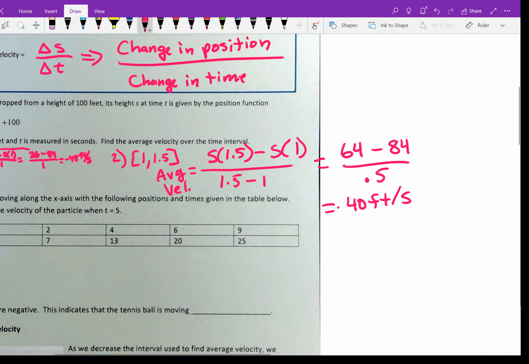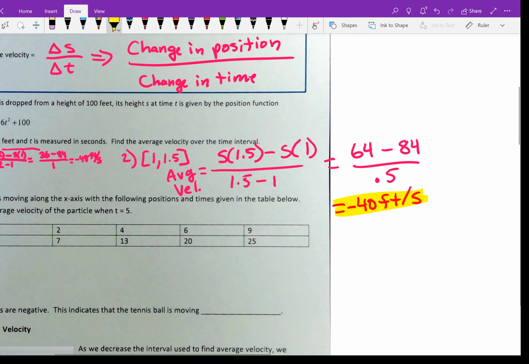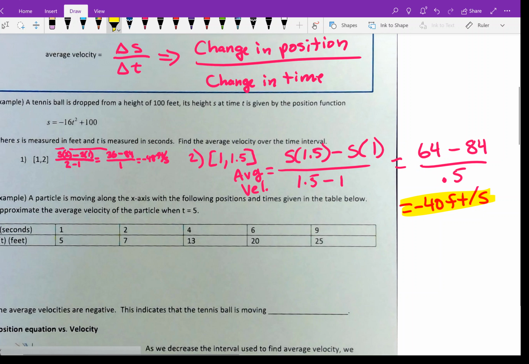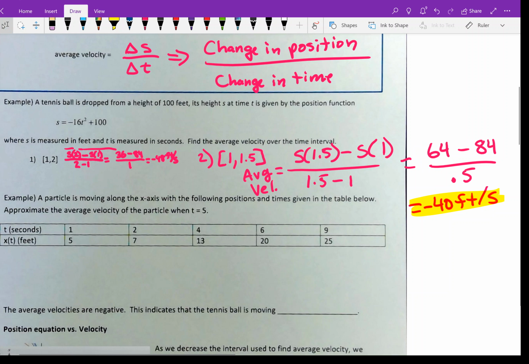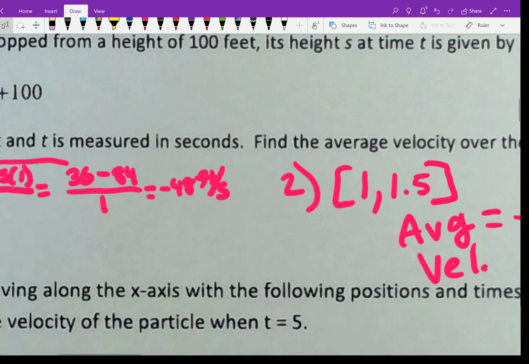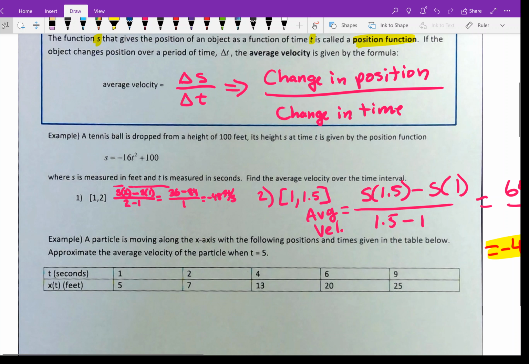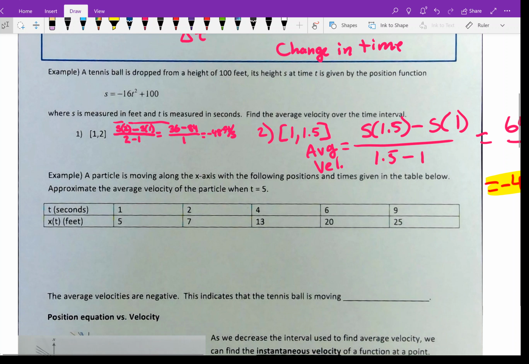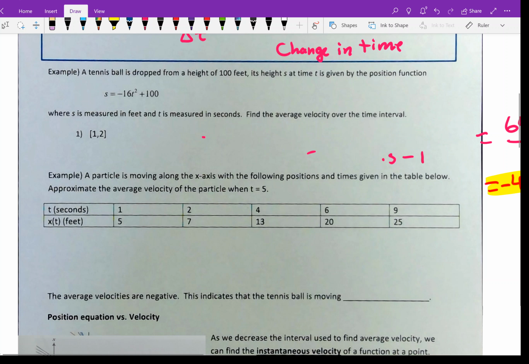When I do the math here, I end up getting 40 feet per second. Oh, I made a mistake. I forgot the negative sign. There's a negative sign there. All right, so we got two average velocities, right? Negative 40 feet per second, and the other one was negative 48 feet per second. I'm going to erase this and just put the answers down.